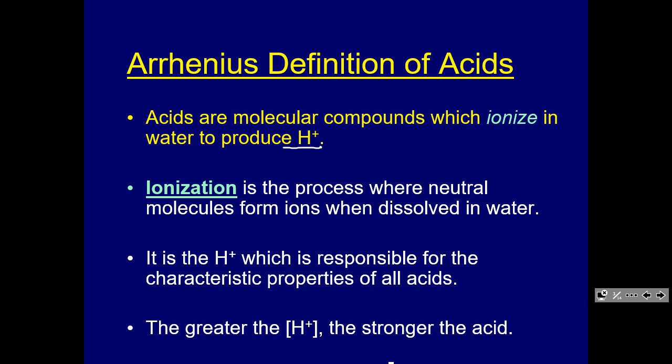Okay, now, what did I just say there? We've just finished our section on how to calculate C equals n over V. And we can have concentration of many, many different things. I can have concentration of whatever chemical I want to dissolve in water. So if I have the molar concentration of sodium chloride, the molar concentration of H plus, and the molar concentration of sugar, it doesn't matter.